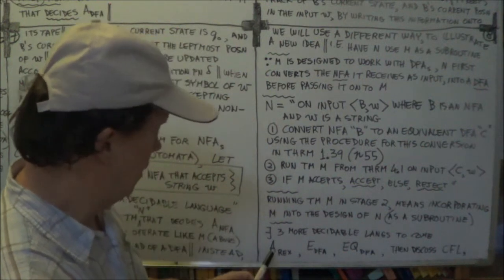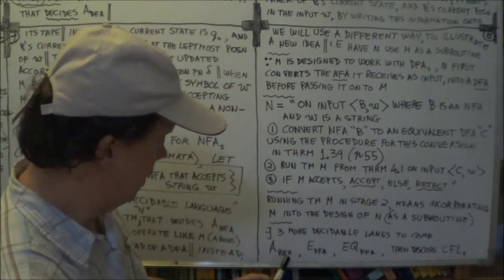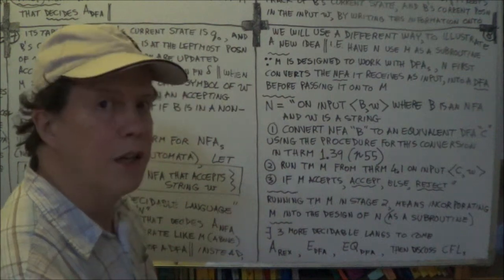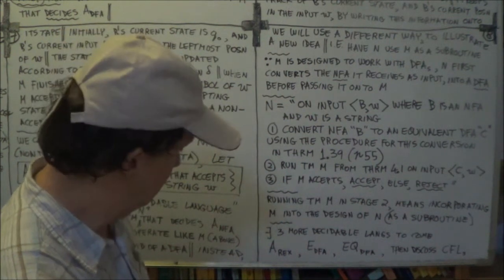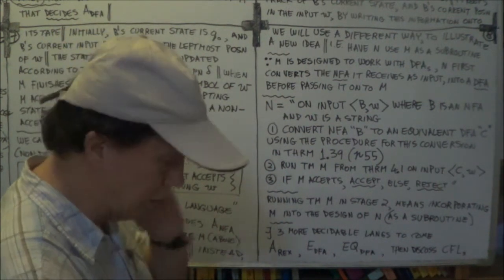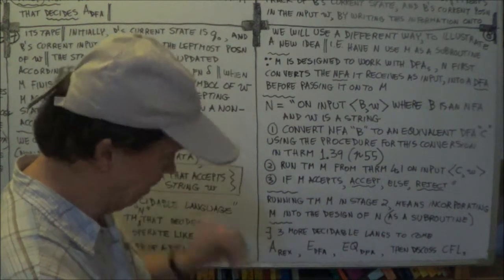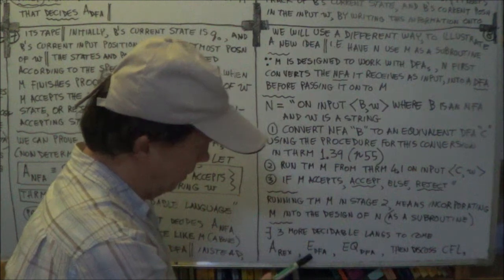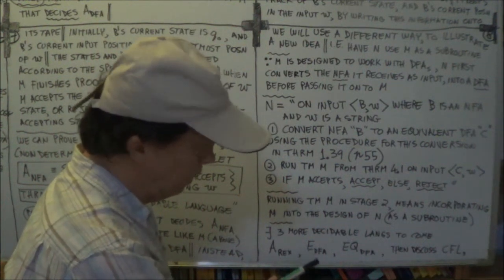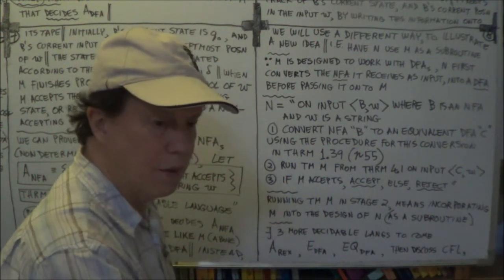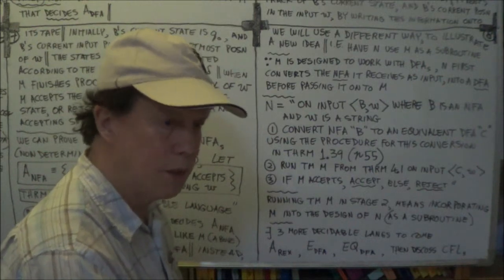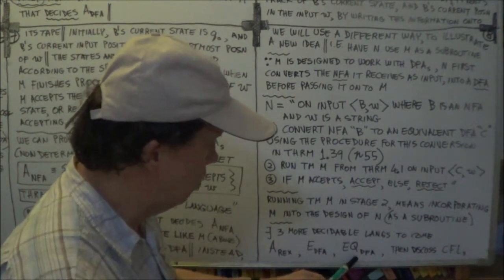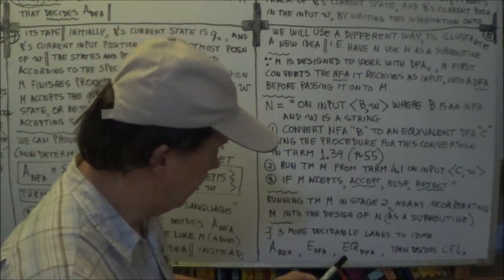There's this language REX, regular expressions. So we're going to have a language of regular expressions. It'll be somewhat similar to what we're doing here. This is the empty language. Is a particular language empty? And EQ stands for equal.